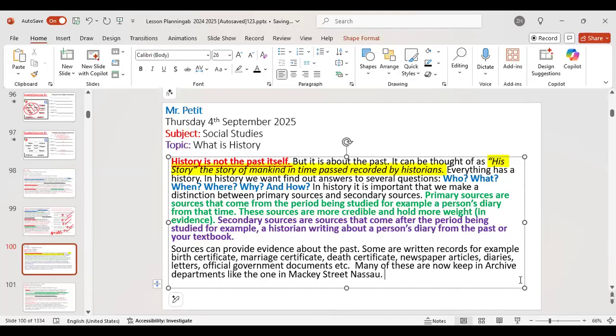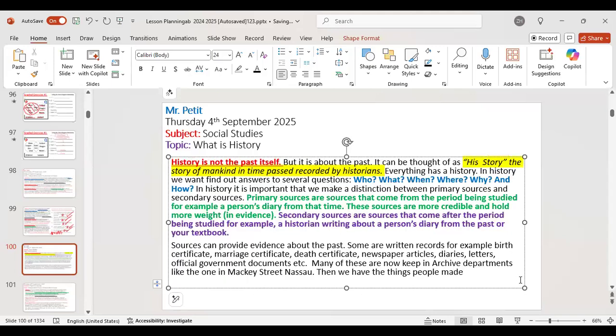Then we have the things people made. For example, so these are also part of history, right? And they can also be sources.